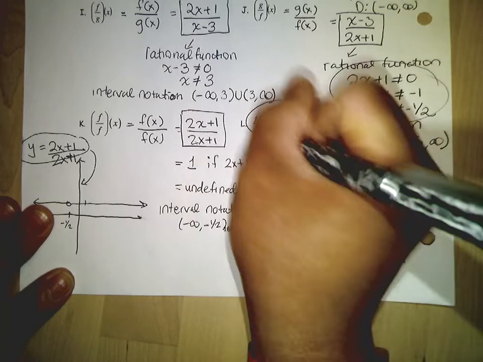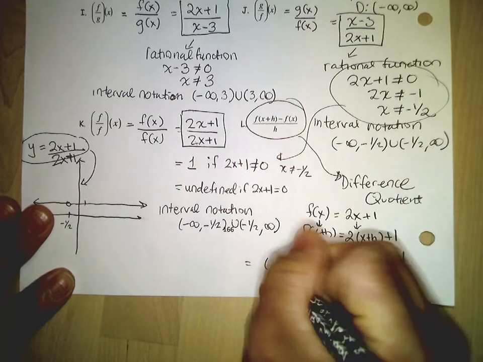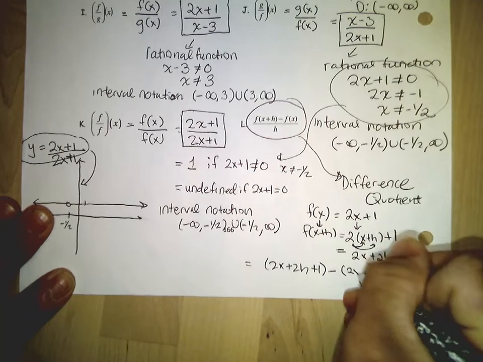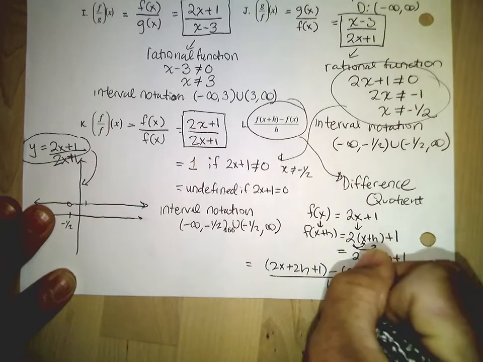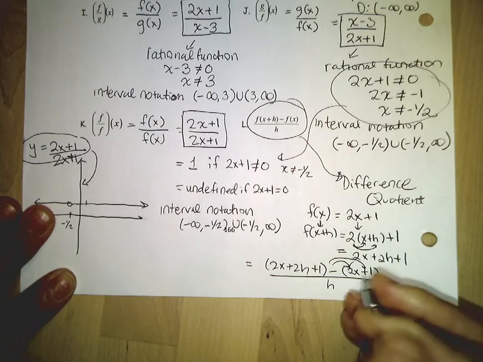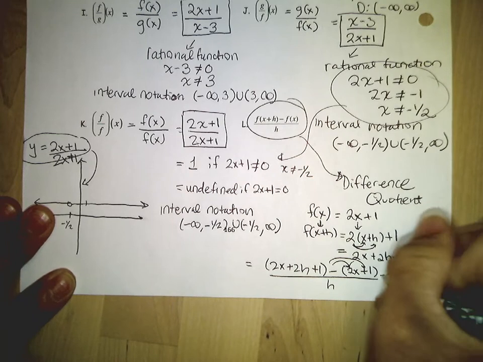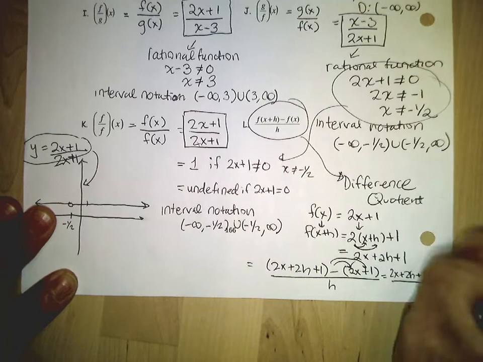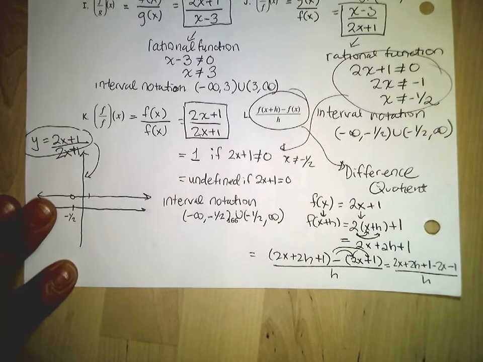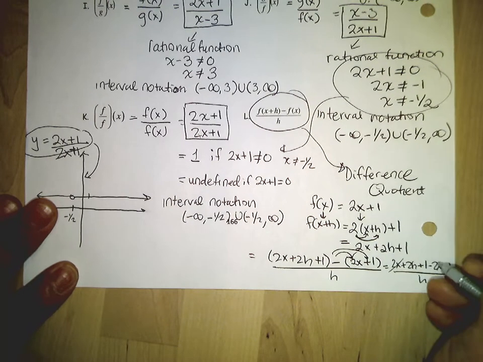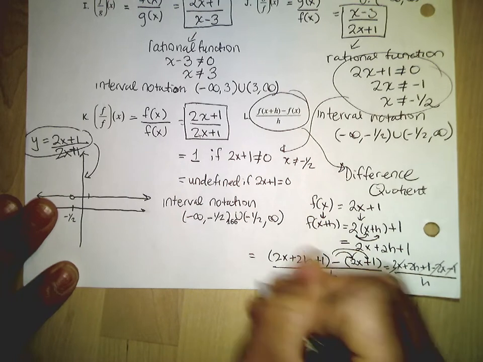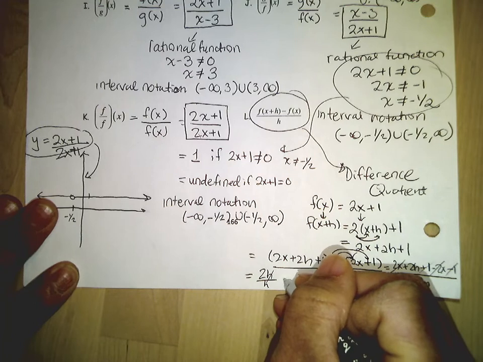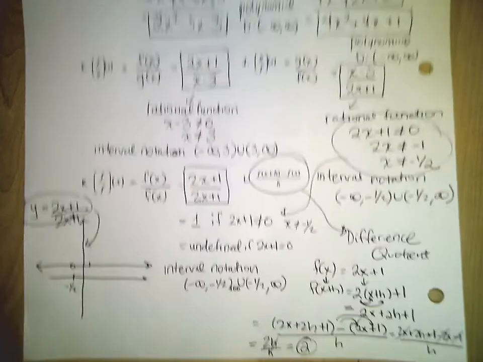So the difference quotient is 2x plus 2h plus 1 minus, again I'm using parentheses, 2x plus 1, all over h. I'll distribute the negative symbol here to get 2x plus 2h plus 1 minus 2x minus 1 all over h. And then when the 2x zeros out and the 1 zeros out, I have 2h over h, and the h's divide out, and I'm left with 2.